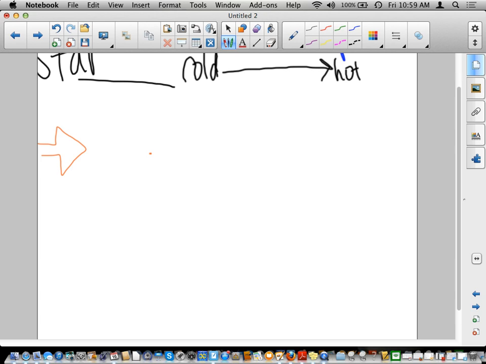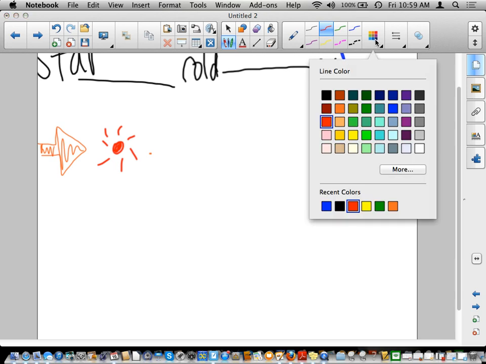Okay. So did you create an arrow from the red supergiant? And make this arrow. And then I'm going to create a star that kind of looks like it's exploding somewhat.